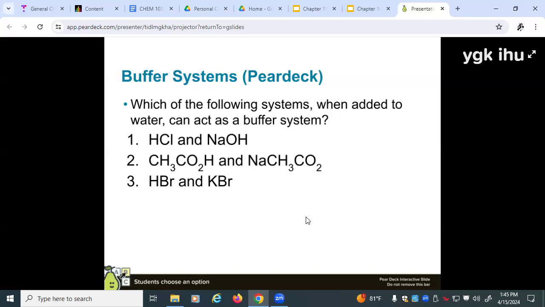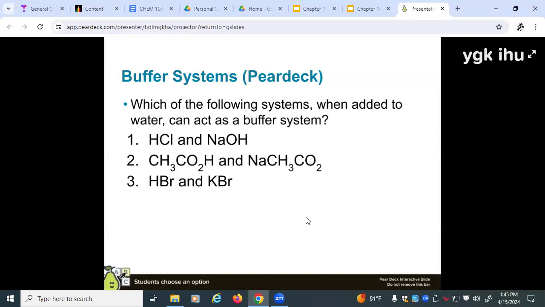In number two, I have an acid, harder to see because it's written in organic form, but this is basically acetic acid. Written up a little bit differently because it's in its organic format. Acetic acid is a weak acid.